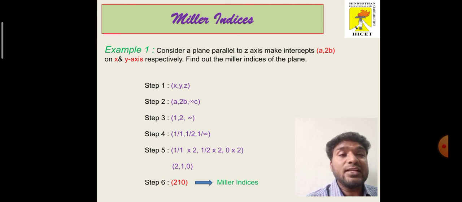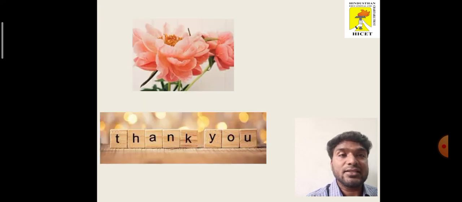So if the LCM is 2, then 1 by 1 into 2, 1 by 2 into 2, then 0, because 1 by infinity is 0, 0 into 2. So the Miller indices can be represented as (2 1 0), without any commas. This is the Miller indices. This is the easiest way to find out the Miller indices.